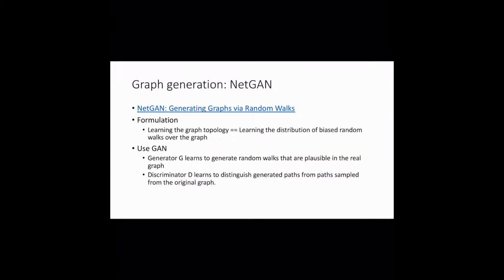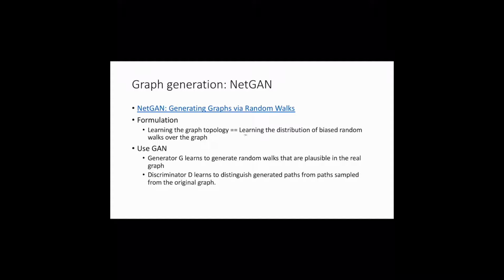The basis of this idea is from this paper, NetGAN, Generating Graphs via Random Walks. And the formulation in this paper is that learning the graph topology is equivalent to learning the distribution of biased random walks over the graph.